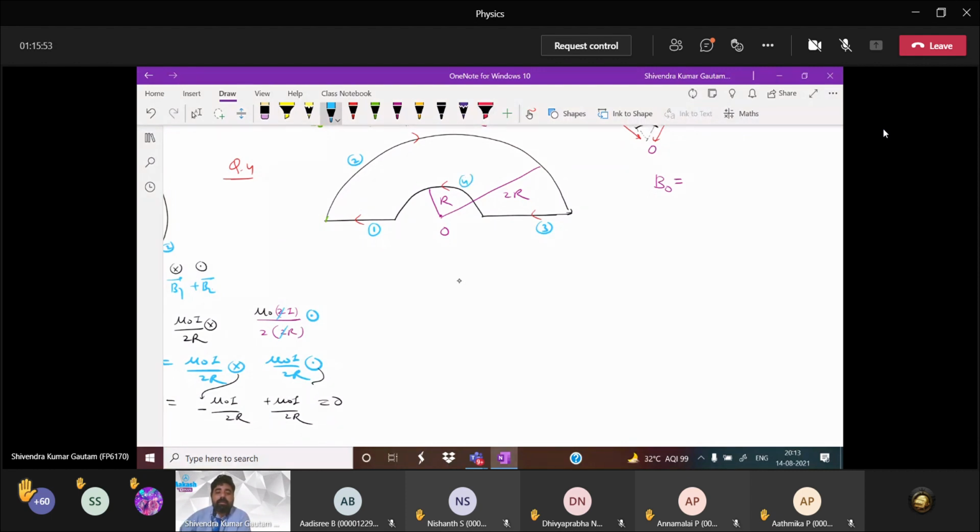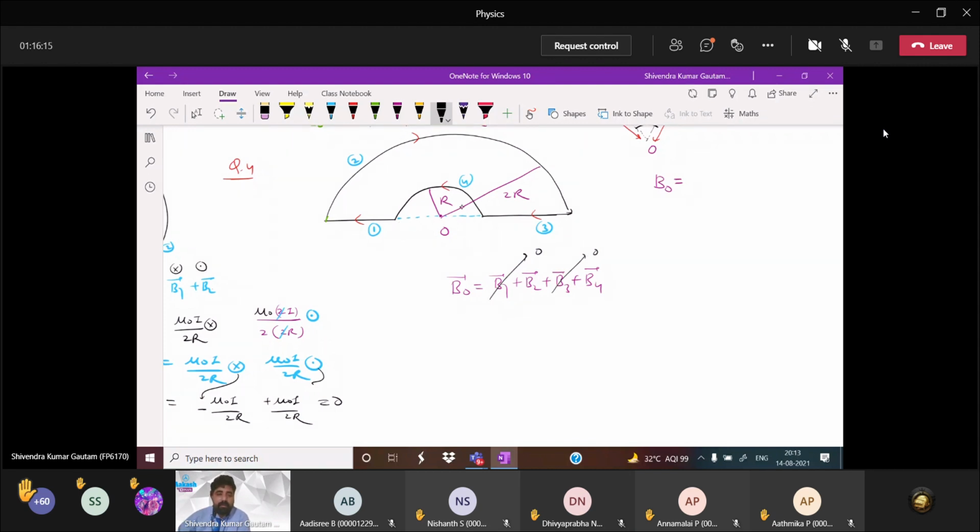I will write the net magnetic field at O. BO vector is the vector sum of the magnetic field due to all 4 sections. Tell me, due to which section is the magnetic field 0? B1 and B3. B1 gone, B3 gone, over.